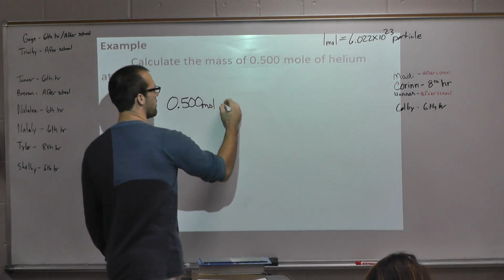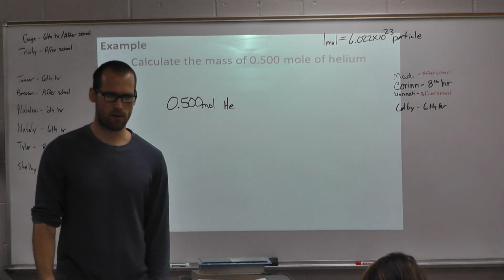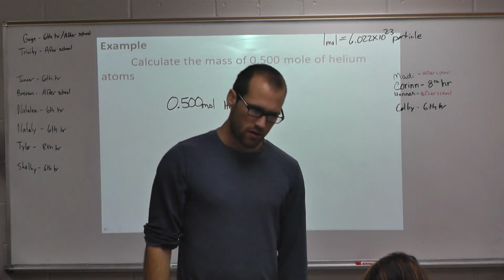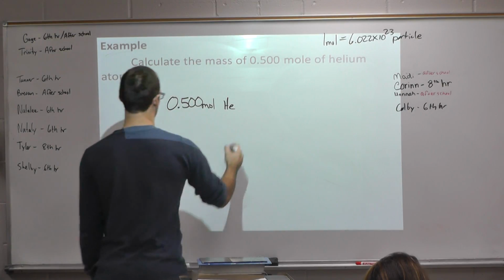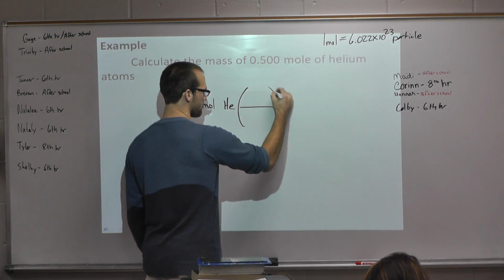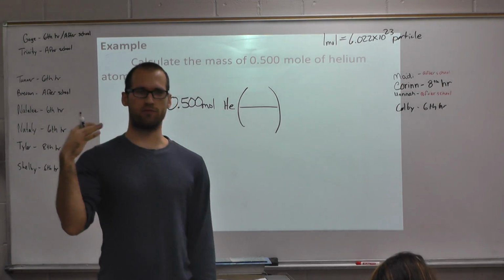I have a half a mole of helium. And what do I want to know? What am I solving for? The mass. Grams. So essentially, I want to convert moles to grams. That conversion factor is known as your molar mass.